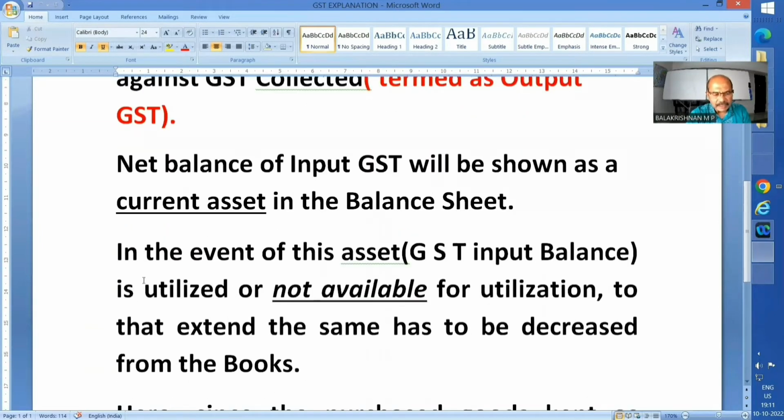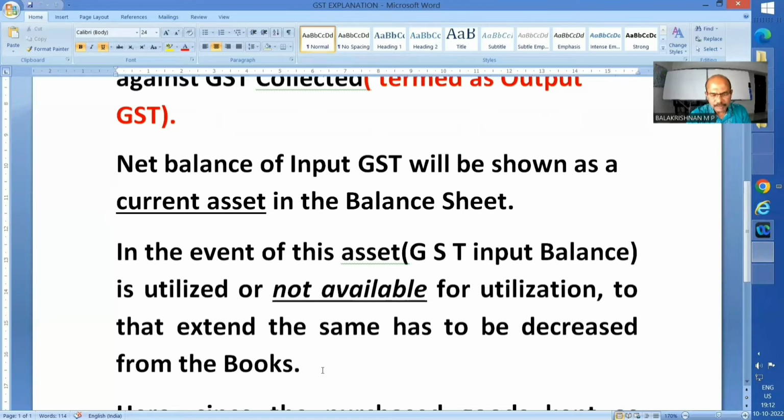Now, in the event this GST input balance is utilized or not available for utilization, to that extent it has to be decreased from the books. You have been accumulating GST, and when it is utilized, that means while discharging your payment, instead of paying cash, you have utilized this input GST. So naturally the balance gets decreased. And what is this not available for utilization? So you have been accumulating your input GST.